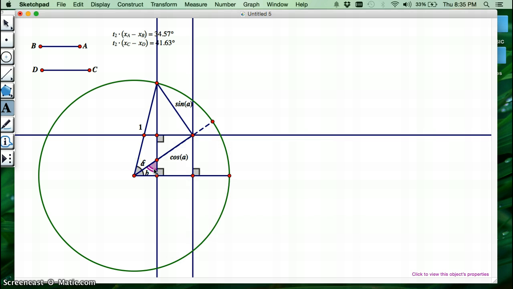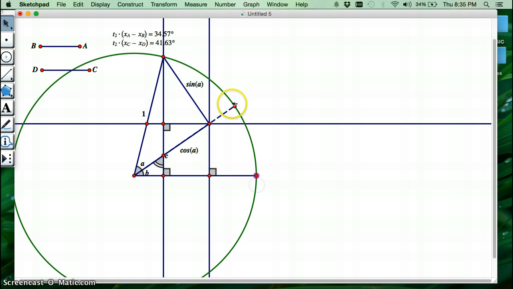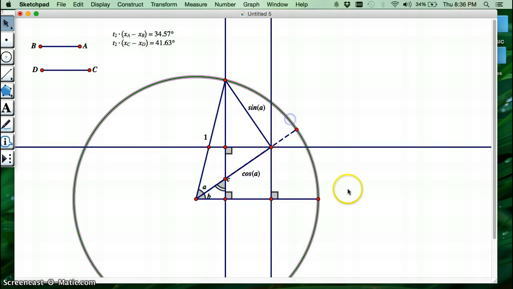Label this C. Final angle? No, not our final. There we go. What else do we have?